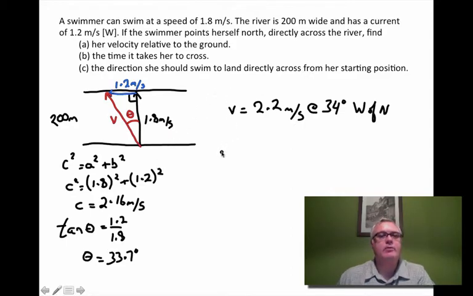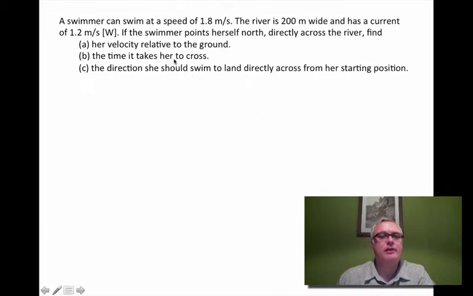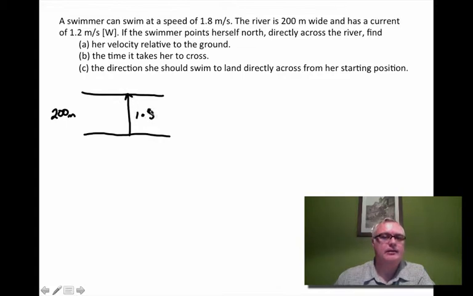So in part B, we're asked, how long does it take her to cross the river? So again, the river itself is 200 meters wide, and the swimmer is swimming across at 1.8 meters per second.